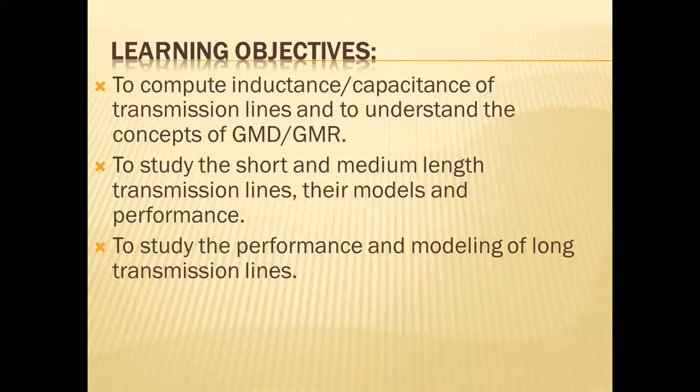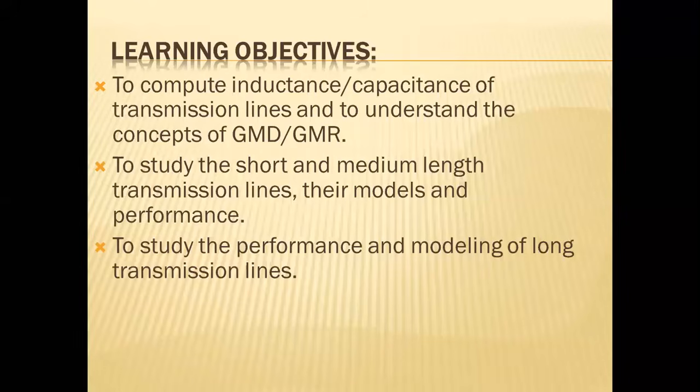Long transmission lines have to be treated separately because the parameters of the line, resistance, inductance, capacitance, and conductance, are not concentrated. They are distributed across the line. For long transmission lines, we cannot simply treat as we treat the short and medium length lines.